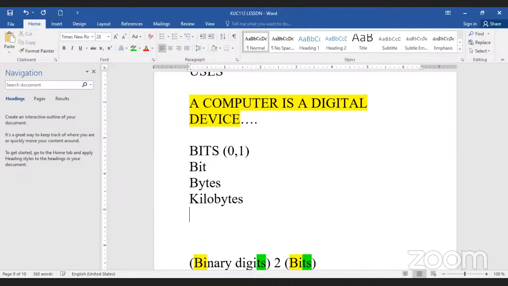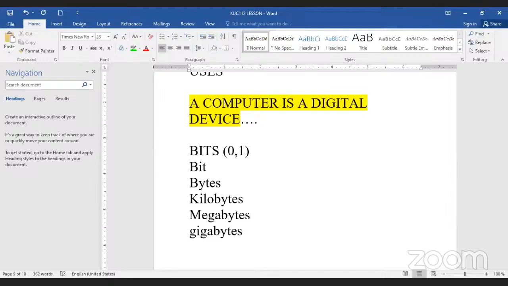Then from kilobytes we have megabytes. Then from megabytes we have gigabytes. Then from gigabytes, maybe we can go on to terabytes, right? So a downloaded file has what's called KBs.